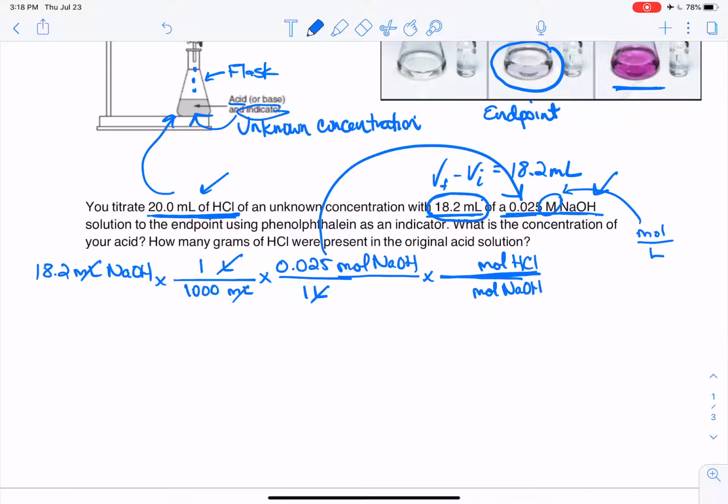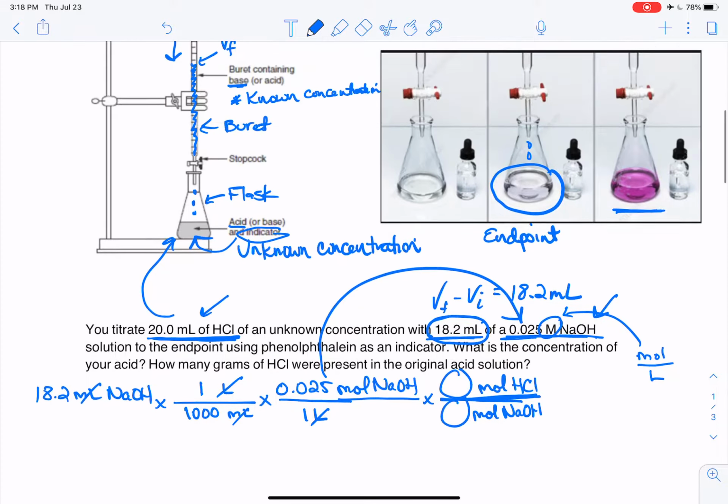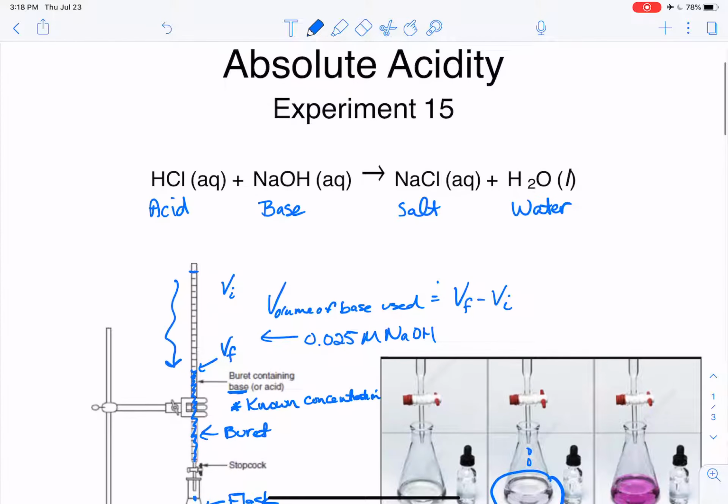All right, so I need a number here and I need a number here. Where do I find those numbers? I find them directly off the balanced equation. So that's why we need to make sure we balance things correctly. And if we balance this equation, we'll see that we have a bunch of 1s all the way through.